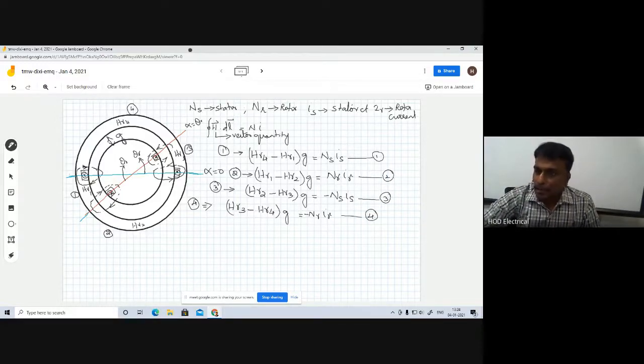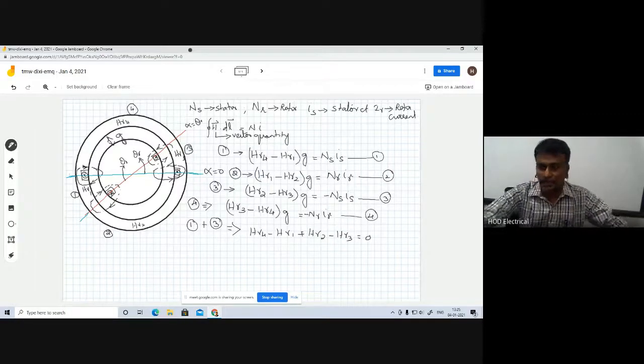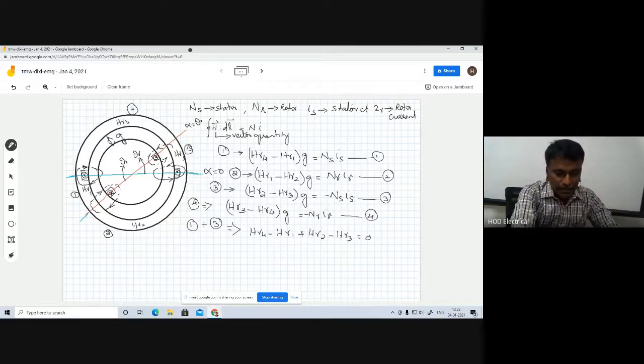Now, if you add the first equation with the third equation, we will end up with HR4 minus HR1 minus HR4 plus HR2 minus HR3 equal to 0, since NS into IS minus NS into IS is equal to 0.